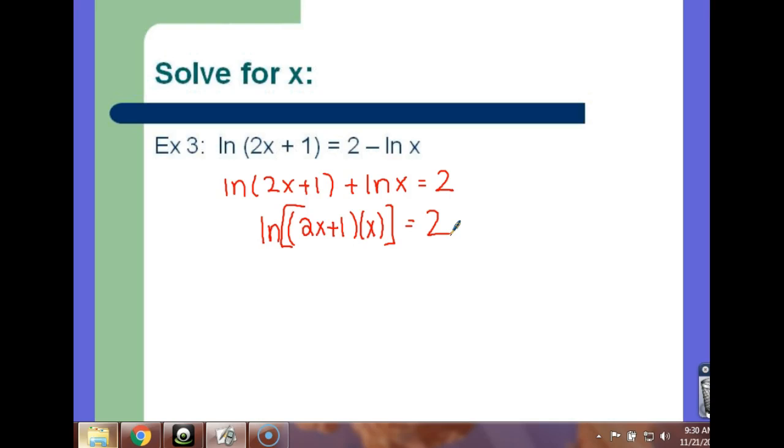So then, if you e both sides, I would distribute my x to the 2x and the 1. So I'd have 2x squared plus x equals e squared.